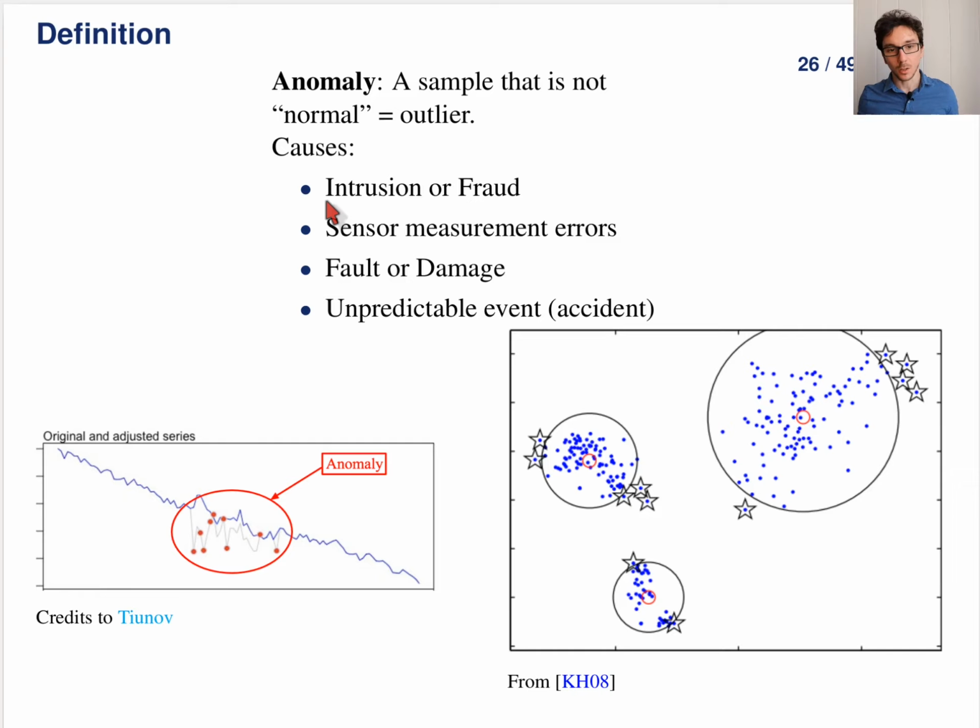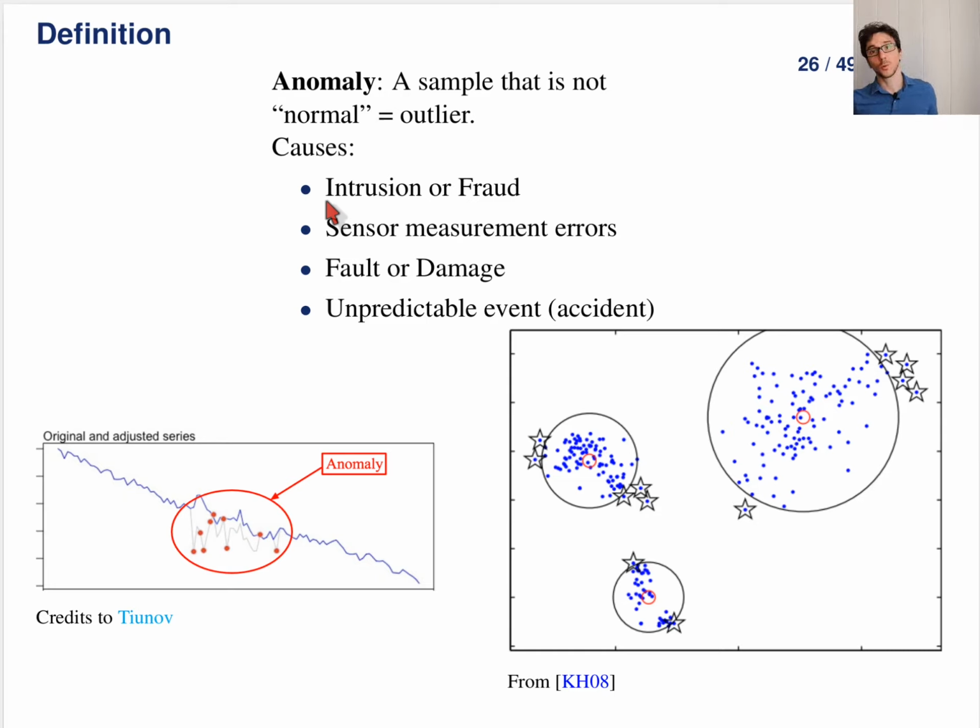We will see in our code an application to credit card transaction fraud detection. Or if you are collecting measures from sensors, an anomaly could be a strange measurement that is too high or too low, and this could be due to just errors in the sensor, some battery of the sensor that is starting to work improperly, or you can have false damages or accidents, unpredictable events.